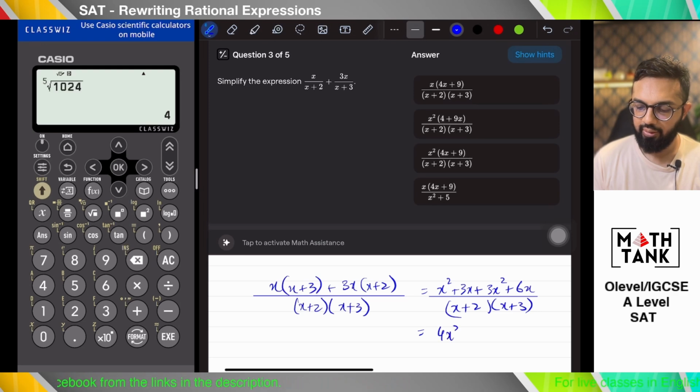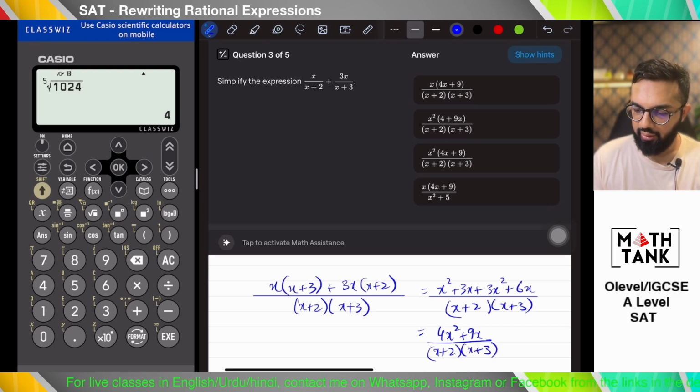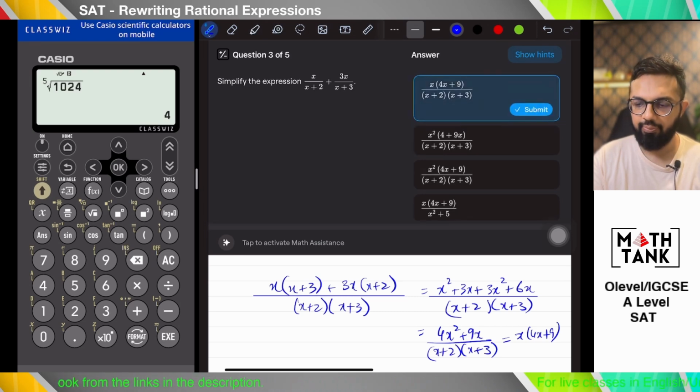So 4x squared plus 9x. Okay, there's something common here, so let's see what matches. I think the first one matches, yeah.